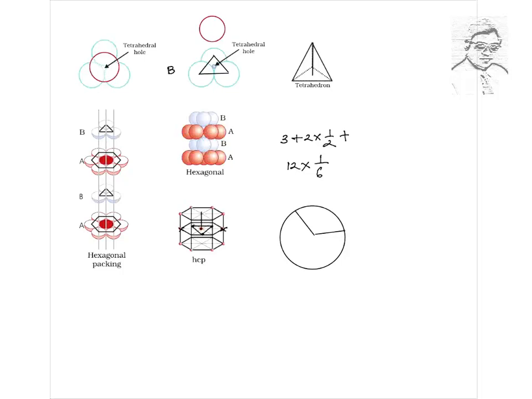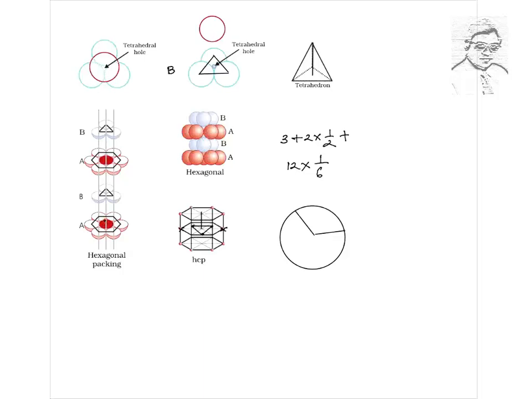So clearly, if you think of these three balls and then the fourth comes from the top, we are talking about this height h. But likewise we can think from the bottom also. Look at the center ball from the bottom, so the bottom also has h, the height of the tetrahedron.